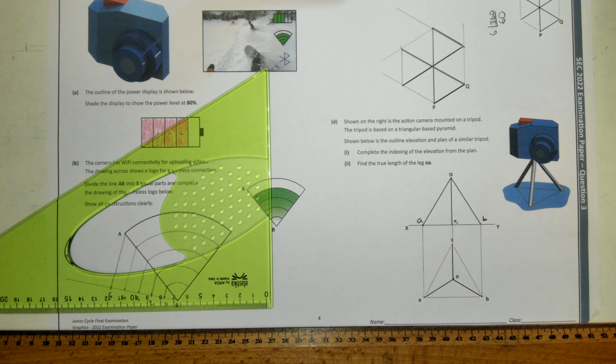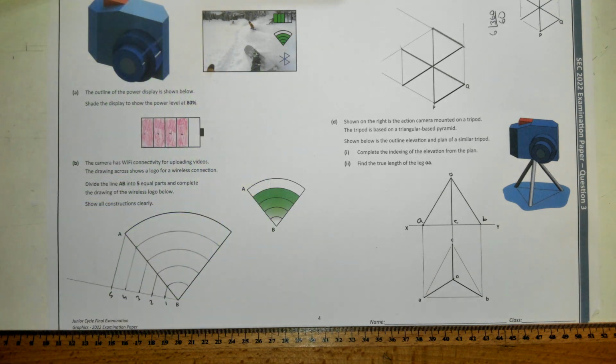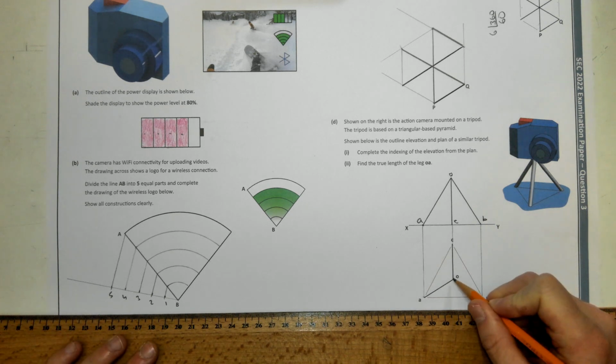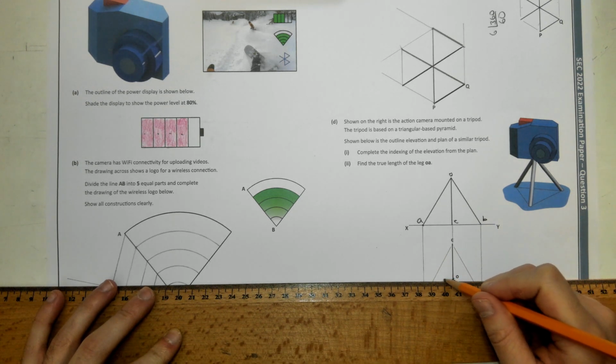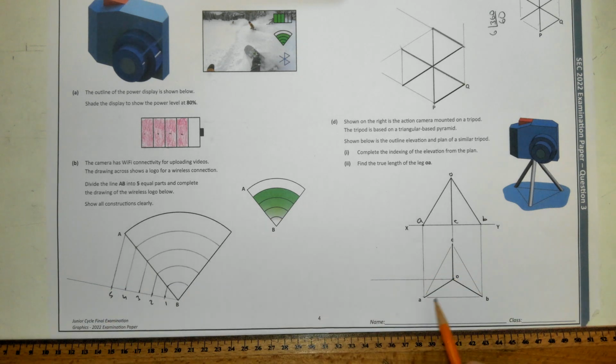For part 2 then, find the true length of the leg OA. So this is something that we looked at before when we were looking at the door, and if we rotate the door around, how we see a true shape of it. We're going to do the exact same method here to find the true length. So if we imagine O being our hinge point, I'm going to take a line straight across, because we know that a line parallel to the XY line in plan is going to appear as a true length in elevation.